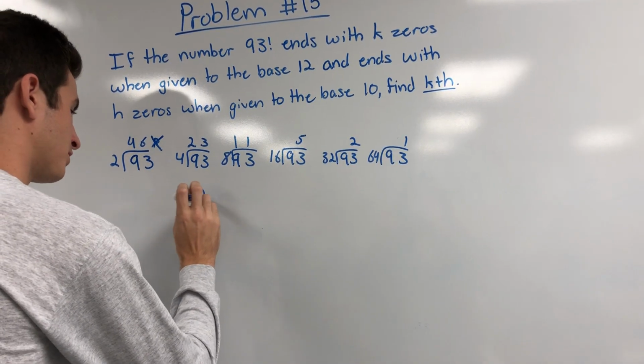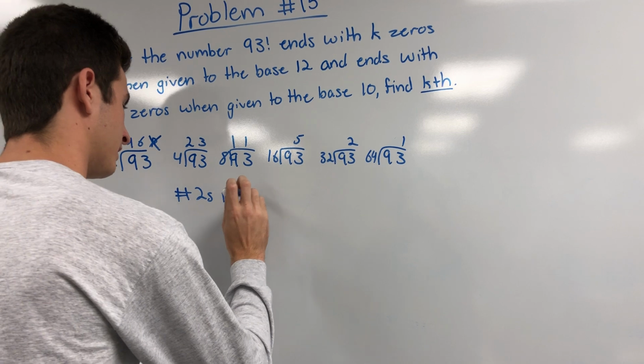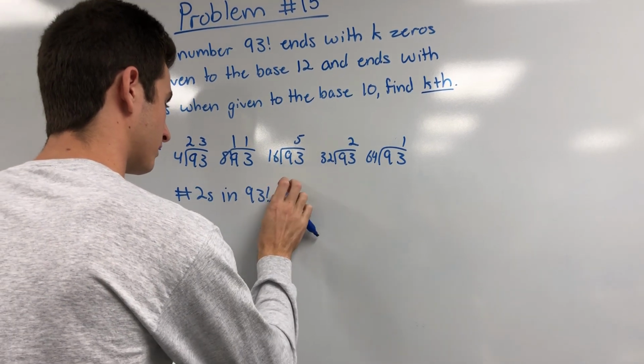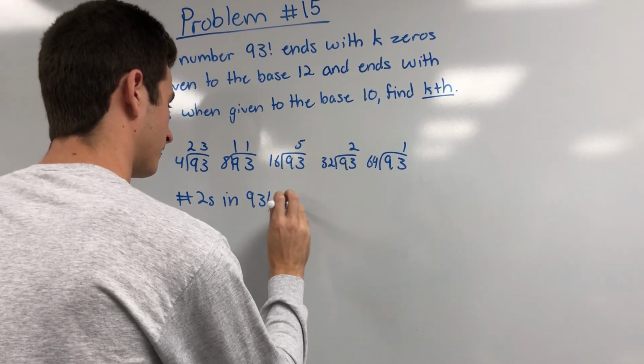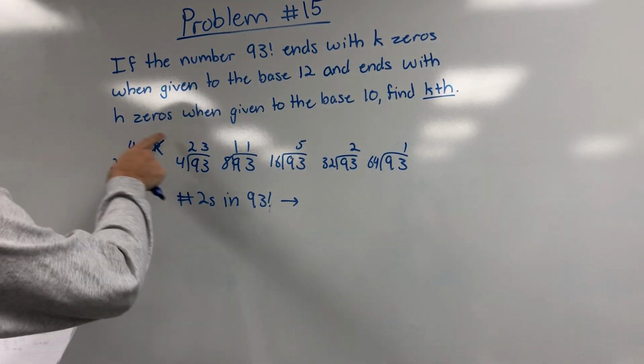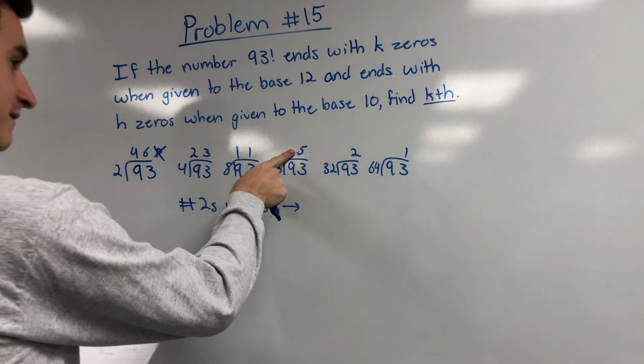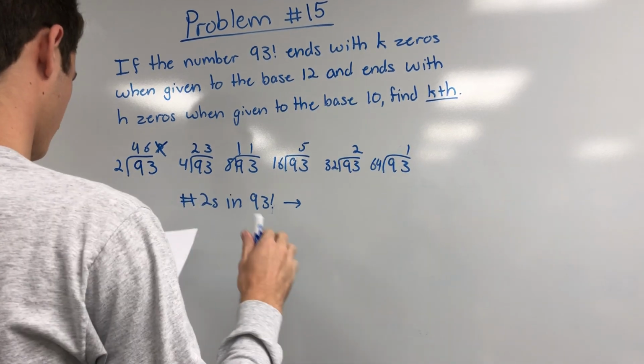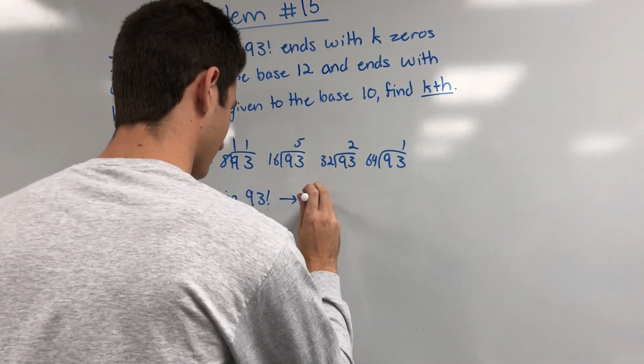So the number of 2s in 93 factorial is 46 plus 23 plus 11 plus 5 plus 2 plus 1, which is 88.